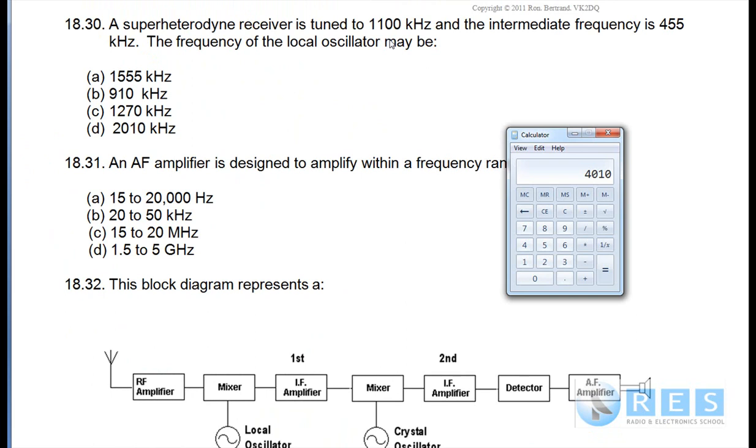A superheterodyne receiver is tuned to 1100 kilohertz. The intermediate frequency is 455 kilohertz. The frequency of the local oscillator will be 455 kilohertz above the frequency of the received signal. So 1100, we can do it in our head, but let's be safe, plus 455 equals 1555 kilohertz.